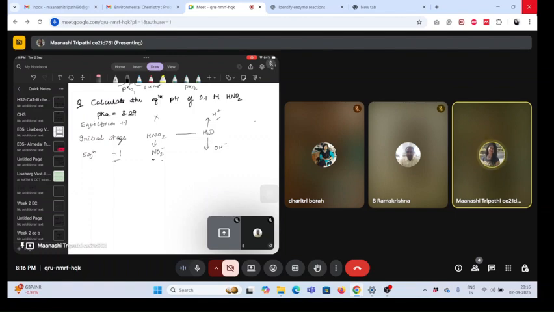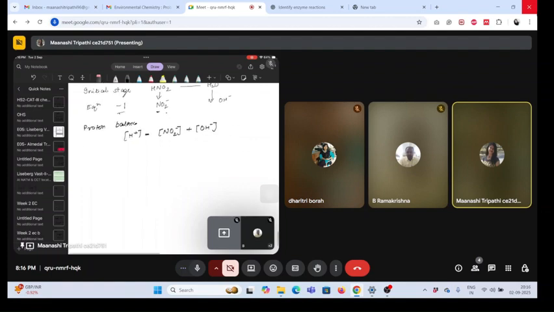So now we need to write the proton balance equation. This plus will be equated to minus. So H plus is equal to NO2 negative plus OH minus.